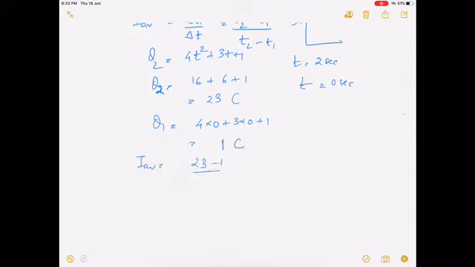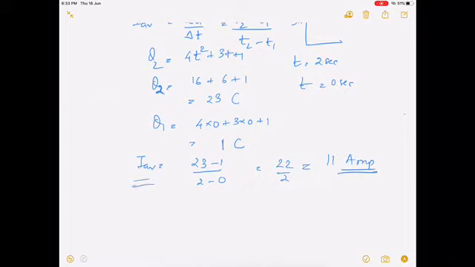Now the average value of current will be the difference in the two charges, 23 minus 1, upon the difference in time, 2 minus 0, that is 22 upon 2, or 11 amperes.